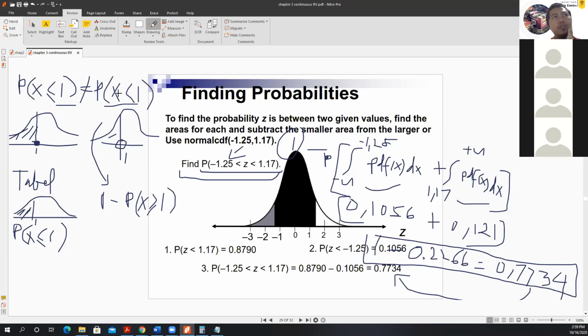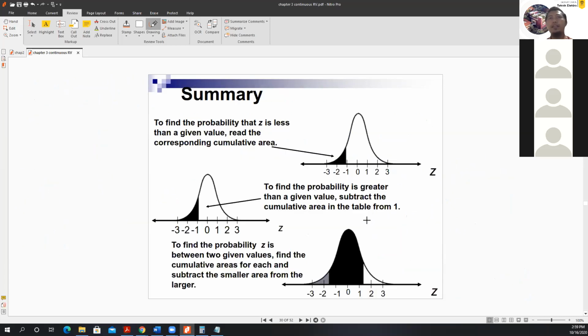Yeah, it is equal to this one. Please be careful about this expression. Actually, this is not the same. Okay, any questions?